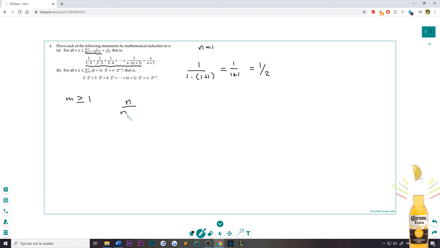So if you want to rewrite this part as m plus 1, then what you get is n over n plus 1, right? So that's this whole thing here, plus m plus 1 times m plus 1 plus 1, right? Because this last term, this one here, right?